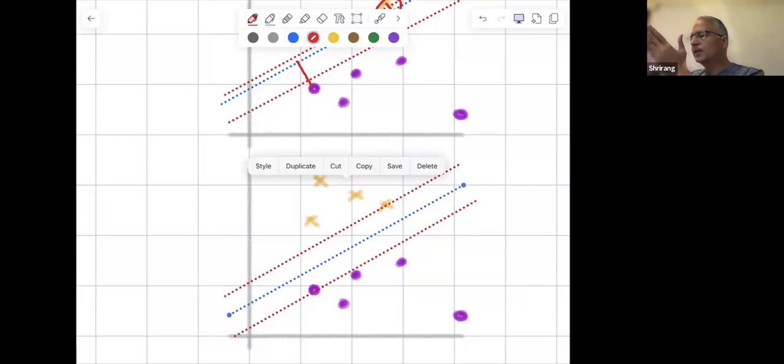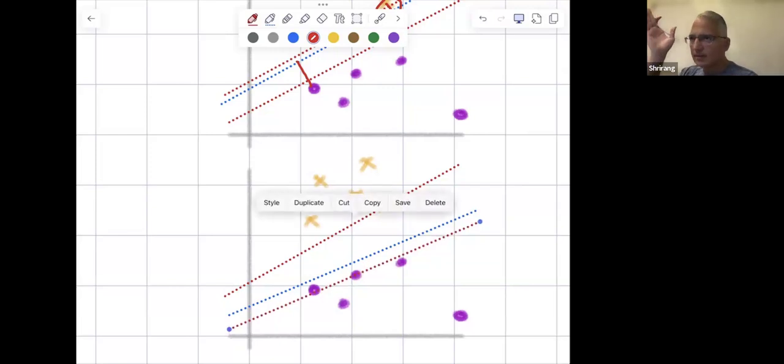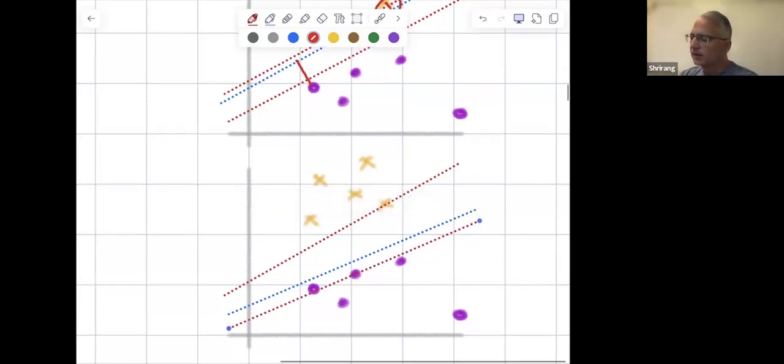And visually, if you look at this, you can imagine if I were to rotate my hyperplane like this, right? Then automatically my minimum distance is going to reduce, right? So let me go back.